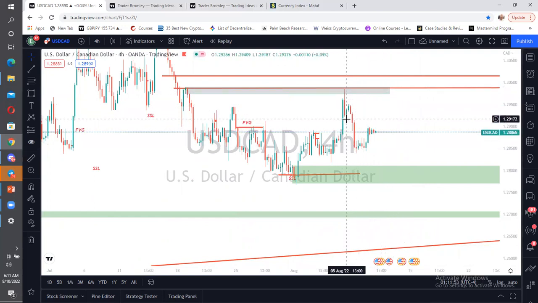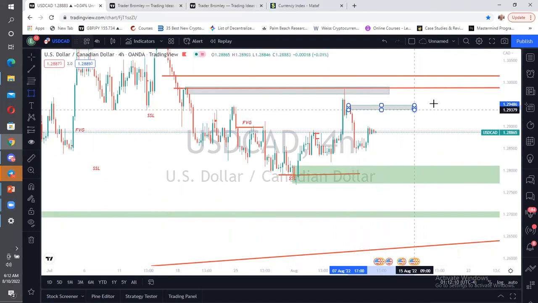It has also broken a level here, all right, in lower time frame, like in 1 hour, as you can see that. Then also here, we'll have a gap here. So that simply tells that this level is important.